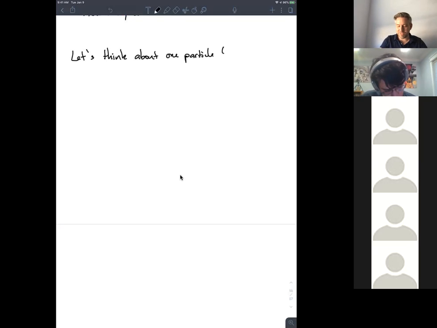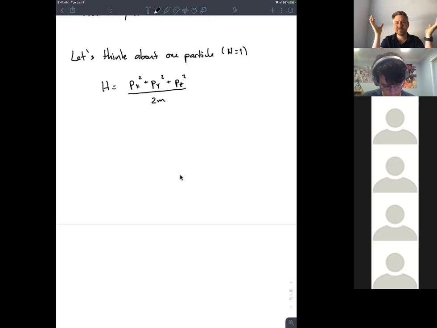In other words, what does this look like if n equals 1? If n equals 1, then our Hamiltonian is just px squared plus py squared plus pz squared over 2m. That's it.